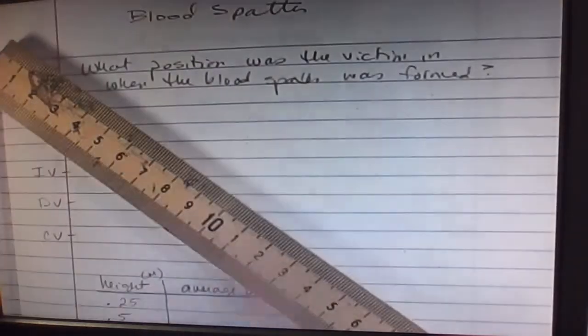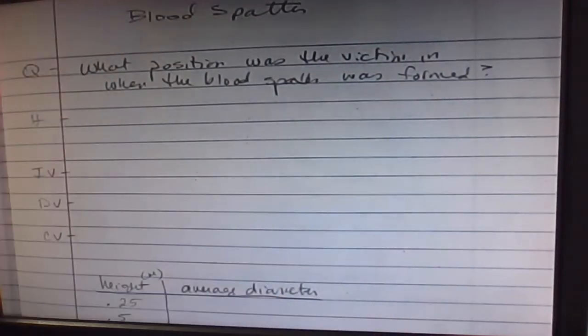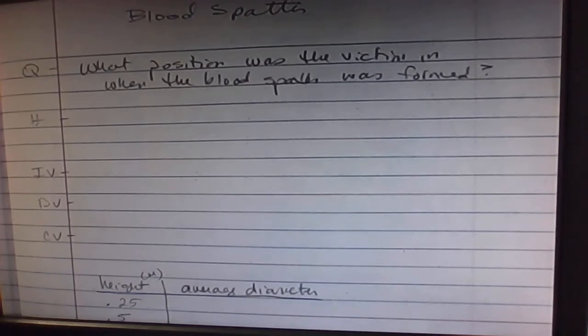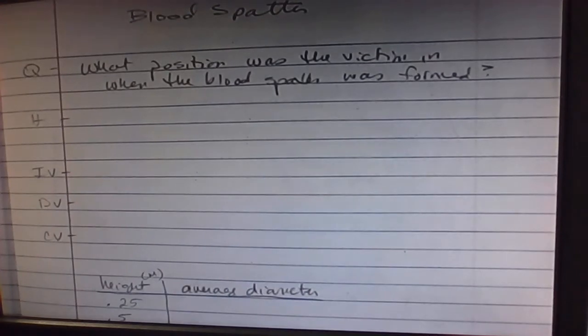Get in that position, get 2 meter sticks if you need to, and get a general idea of how many centimeters off the floor that spot on her head was where she lost the blood, and give that as part of your hypothesis. So your hypothesis should indicate about what position she was in and about how far off the floor in centimeters you predict the victim was in when the blood spatter was formed.